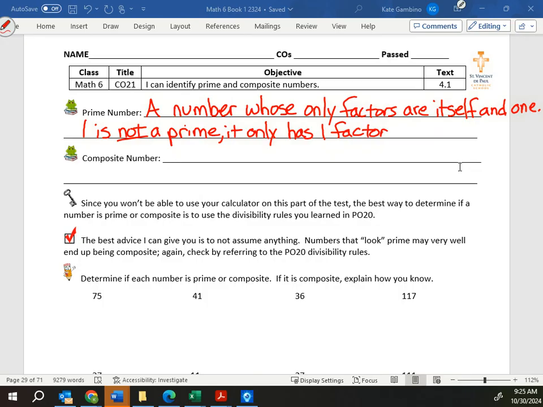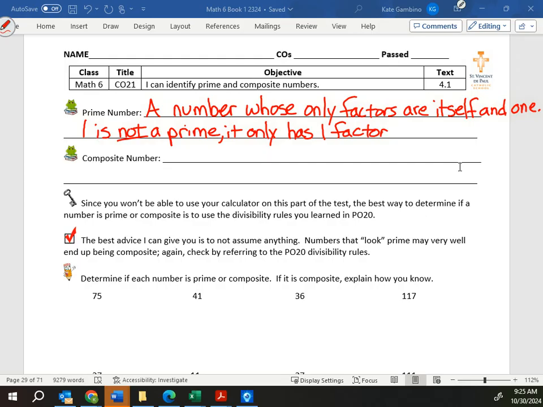No, so 3 is a prime number. Would 4 be a prime number? No. Why not, Adeline? Because we could do 4 times 1, but we could also do 2 times 2 to get to 4. So because there are more factors to it, more numbers that we can multiply together to get to it, it is not a prime number.